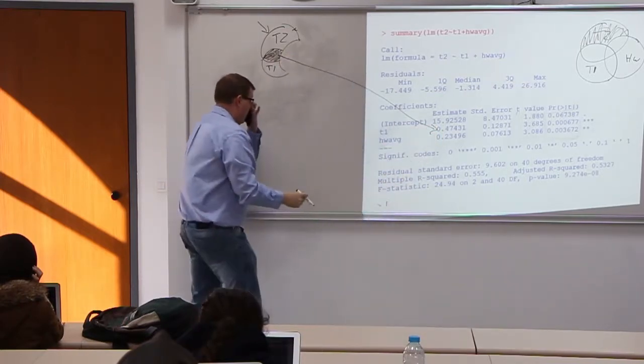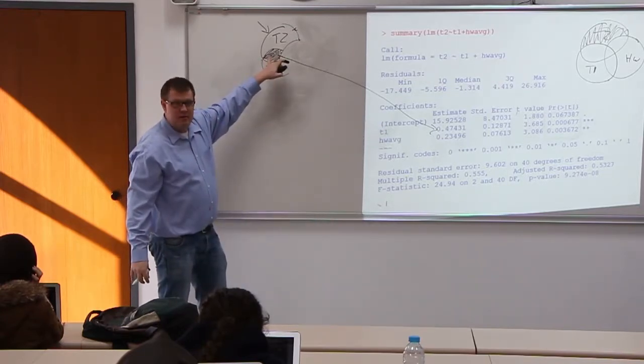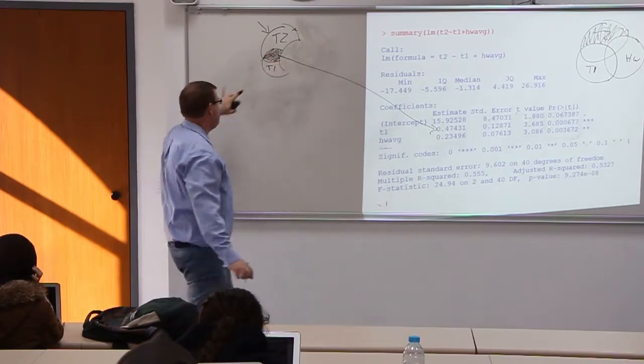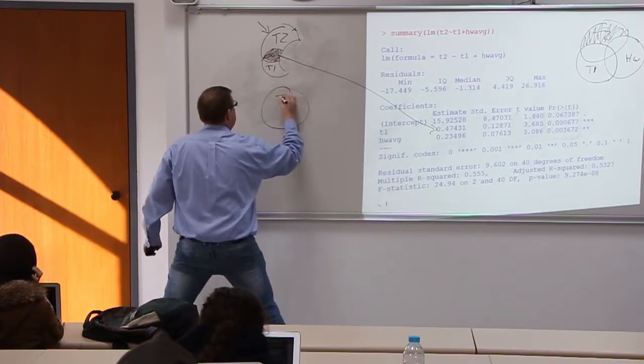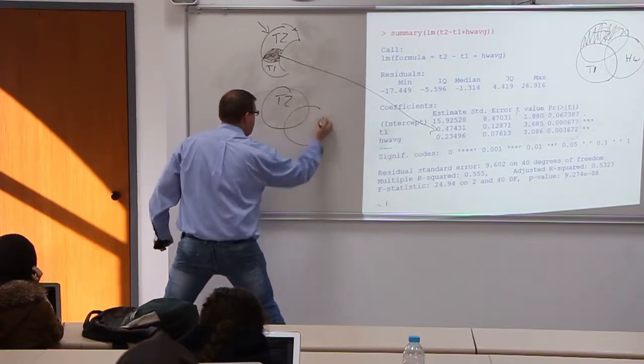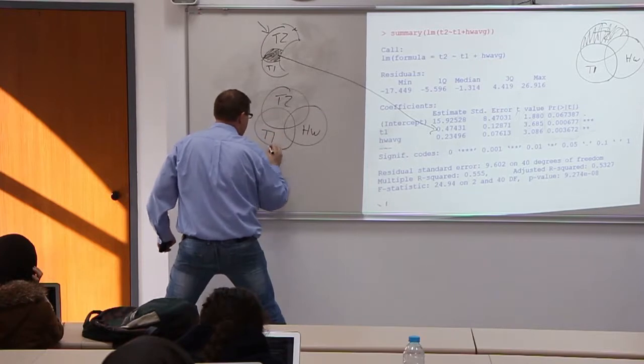this is the slope based on that, right? So this, T2, homework, T1.